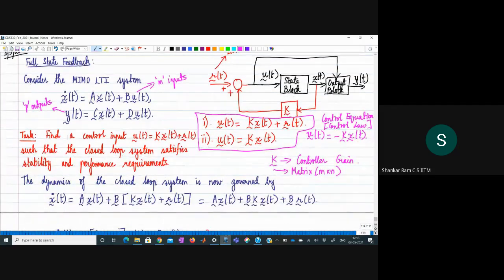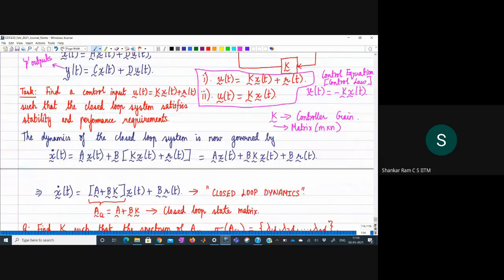So now the entire question becomes whether we can design K such that the closed loop system satisfies some stability and performance requirements. We want to convert this into a problem of finding K such that we get the eigenvalues of the closed loop state matrix in certain desired locations.